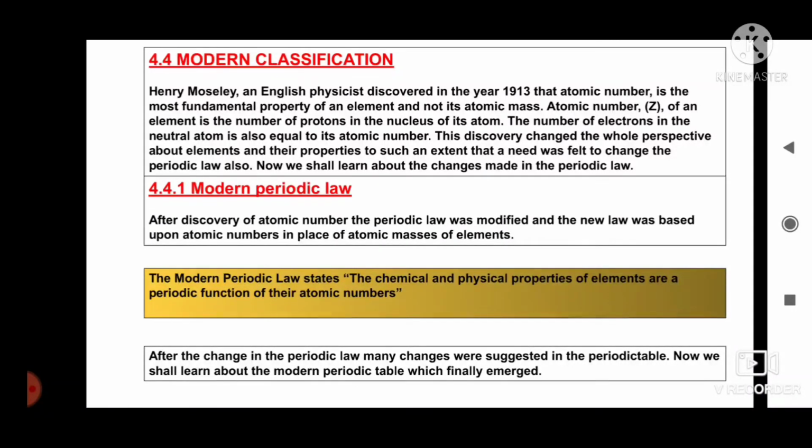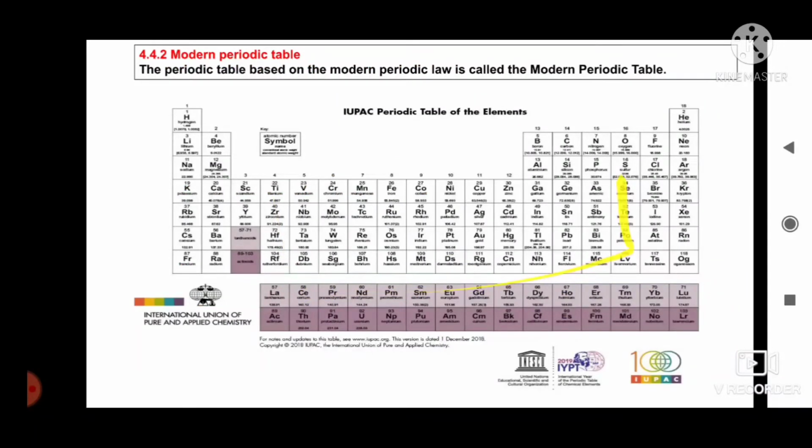The atomic number of an element is the number of protons in the nucleus of its atom, and the number of electrons in the neutral atom is also equal to the atomic number. This discovery changed the whole perspective about elements and their properties. The modern periodic law states that the chemical and physical properties of an element are a periodic function of their atomic numbers.